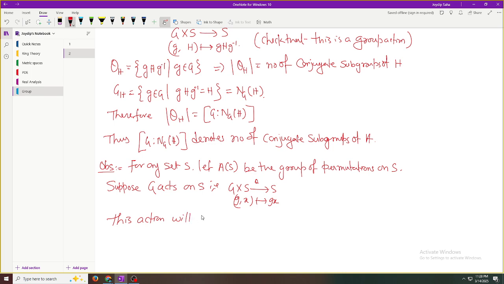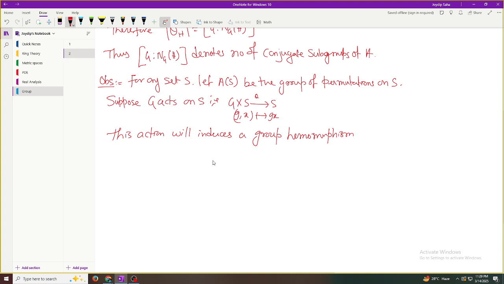This action induces a group homomorphism theta tilde from G to A_S, where g goes to tau_g, with tau_g from S to S, x goes to gx.